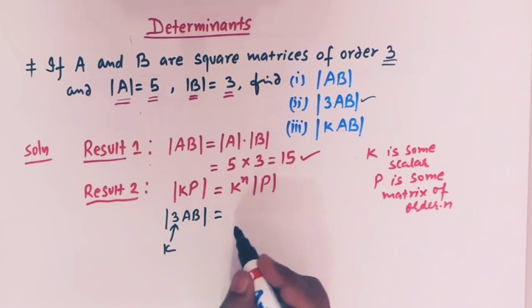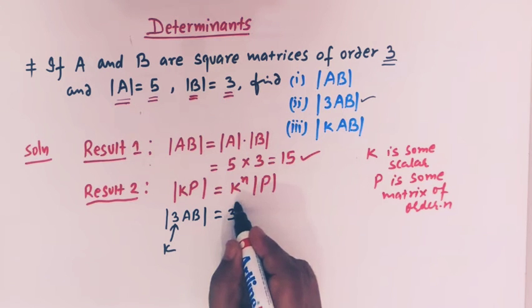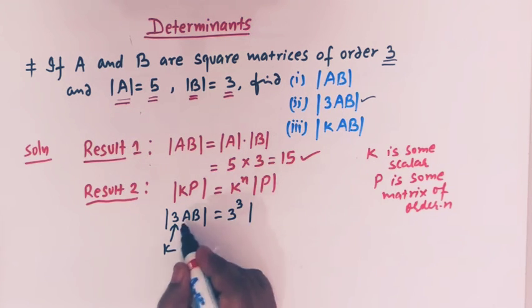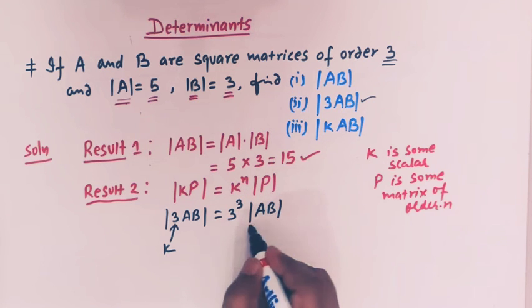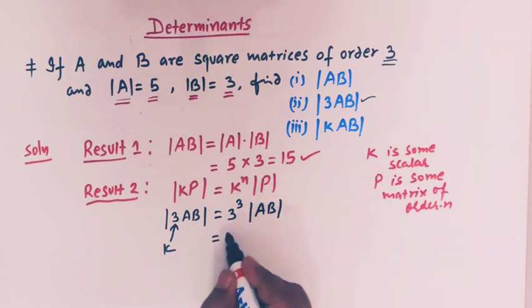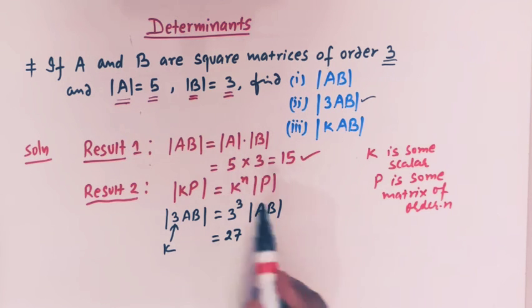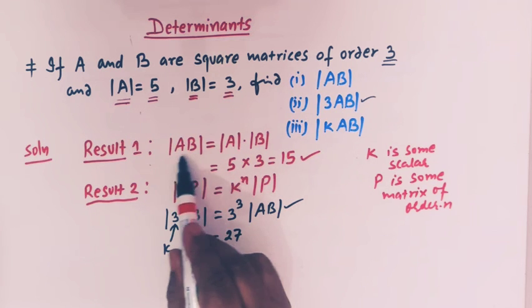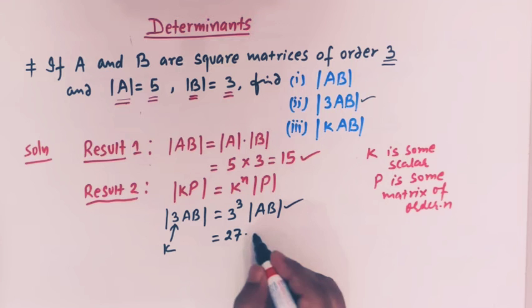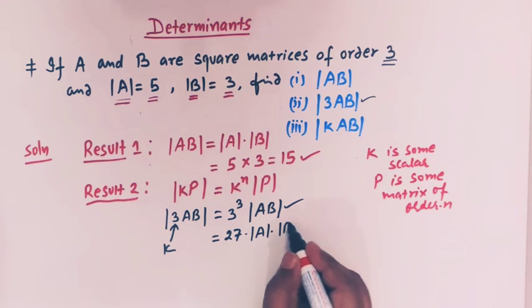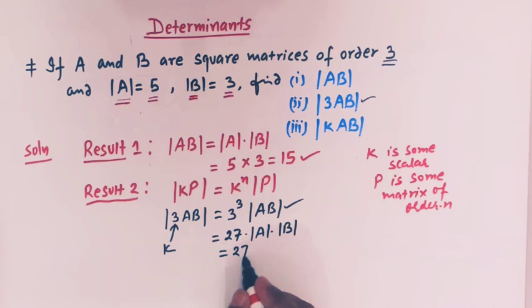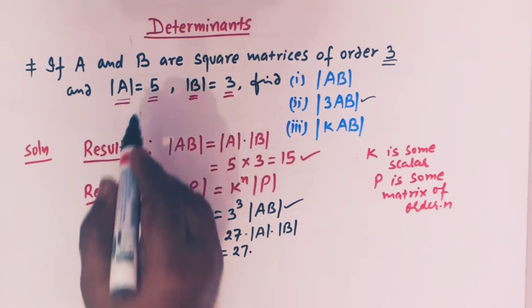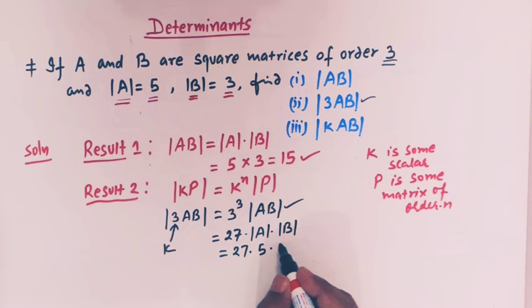Applying this rule we have 3 raised to 3 times the determinant of AB. So this is 27, and to evaluate the determinant of AB we'll make use of the previous result: determinant A times determinant B. So this is 27 times, with determinant of A being 5 and determinant of B being 3, so we have 27 times 15.